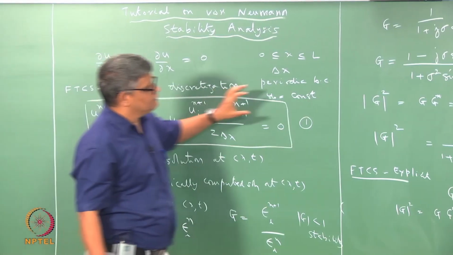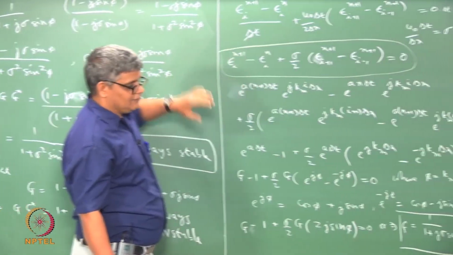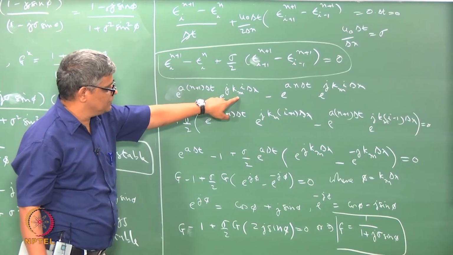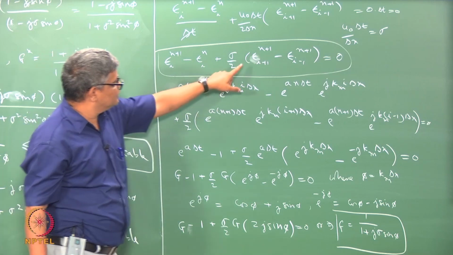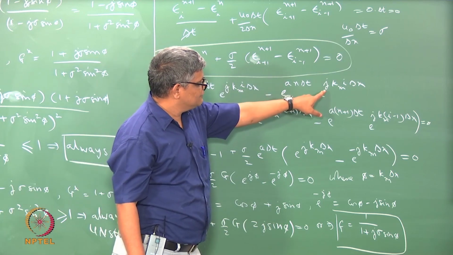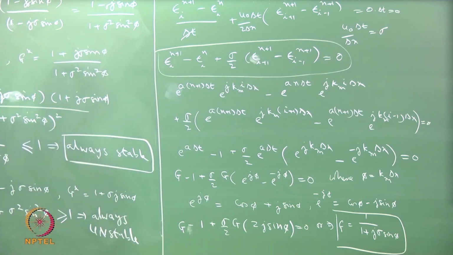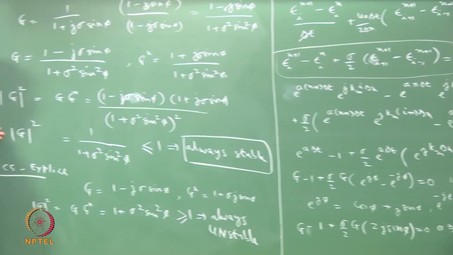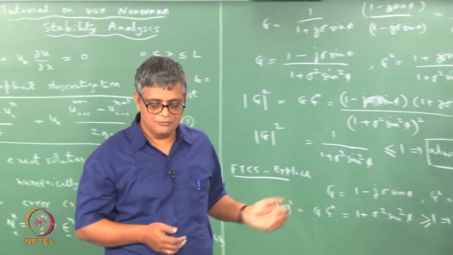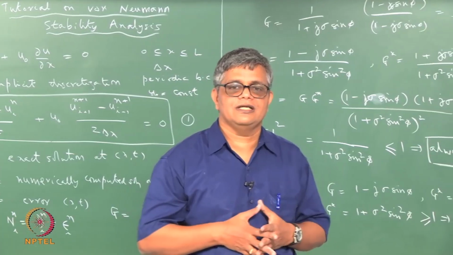So we start with finding the error evolution equation, either this or this, from the discretization, and then we investigate the stability of the mth wave component by substituting the corresponding expression for epsilon as epsilon = e^(a n delta t) times e^(j k_m i delta x) here, and then we find the amplification factor, and from the amplification factor we find the magnitude, and we see under what conditions the magnitude is greater than 1, and if the magnitude is greater than 1 for certain conditions, then it is conditionally stable or conditionally unstable.